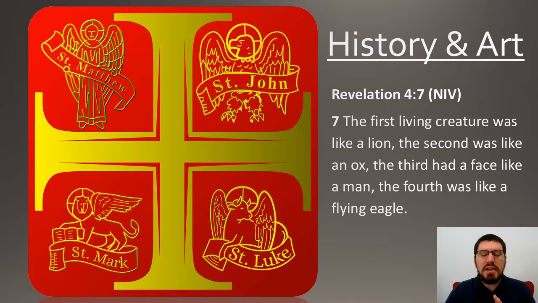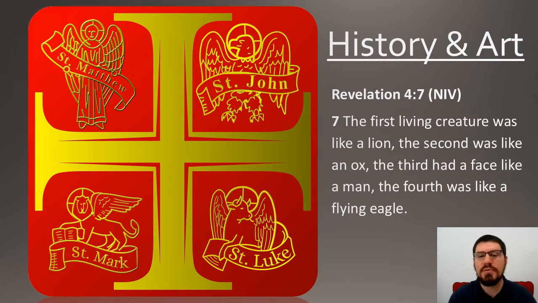Now, Revelation is not the first time those creatures appear. In the prophet Ezekiel and some other passages in the Old Testament, you find out about these different creatures, and these four specific creatures have been connected with the four different gospel accounts. Each one of them has a slightly different focus, and they've been connected with one of these different living creatures.